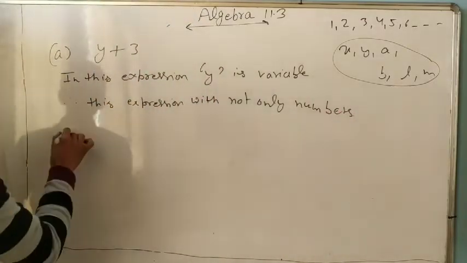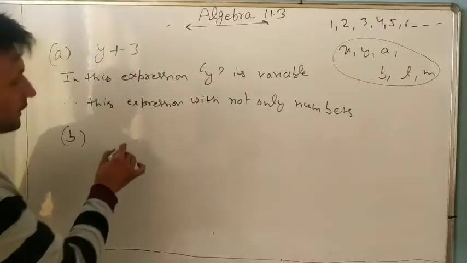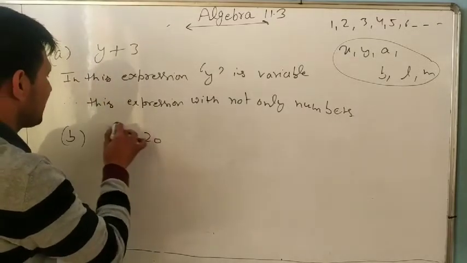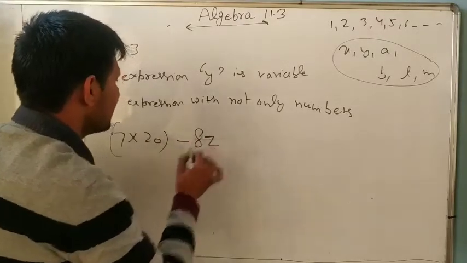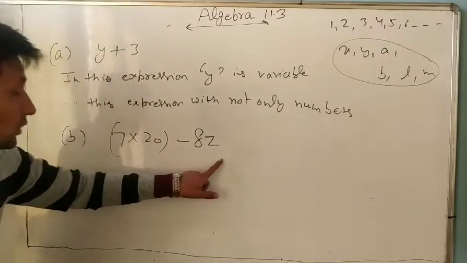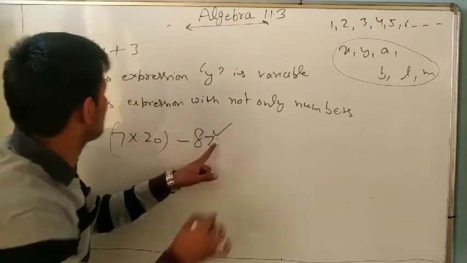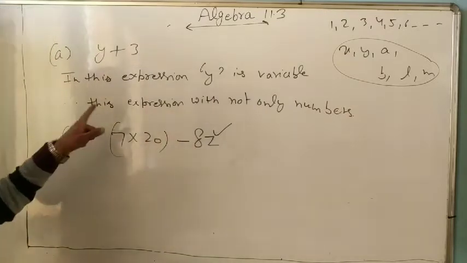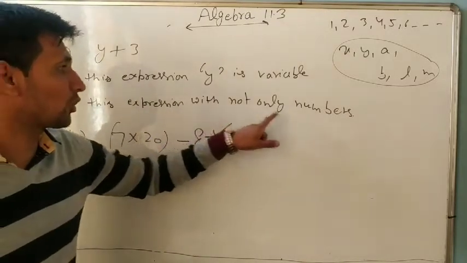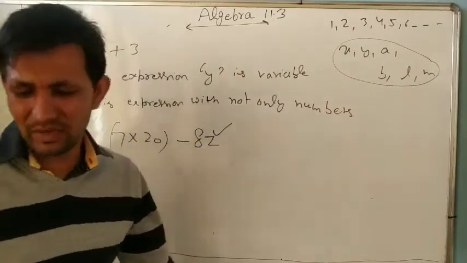Next is the B part. In the B part, it is 7 multiply 20 and minus 8z. Are all of them numbers? No, here also there is a variable, z. So this expression is not with only numbers. It is very simple.